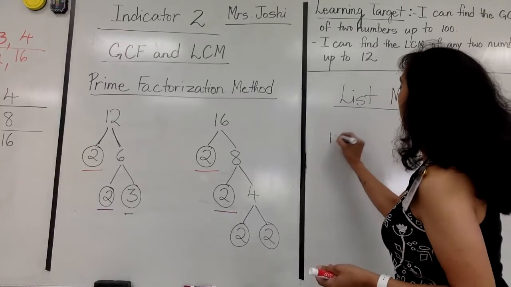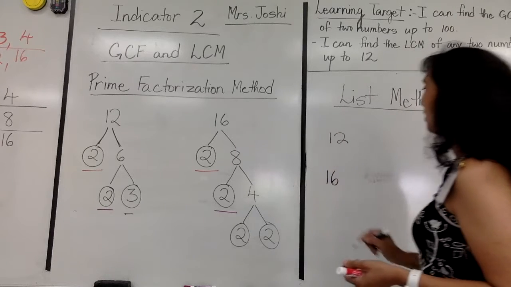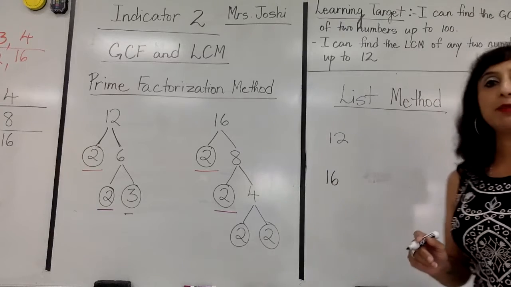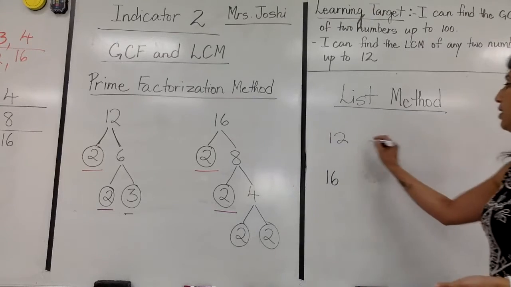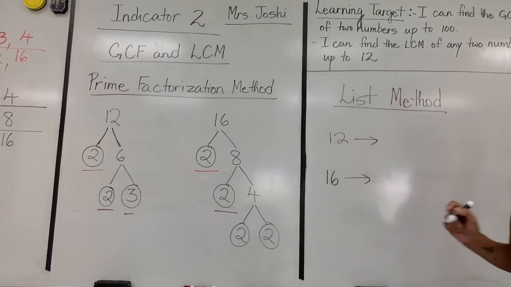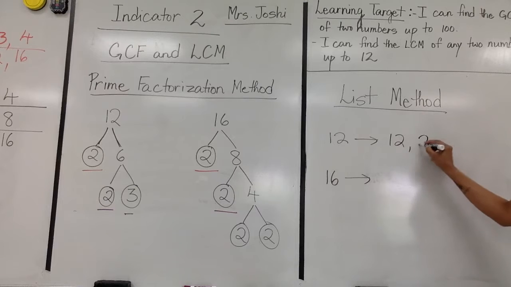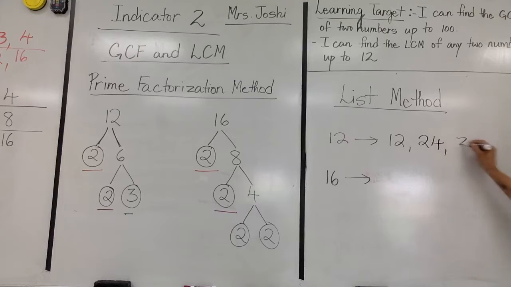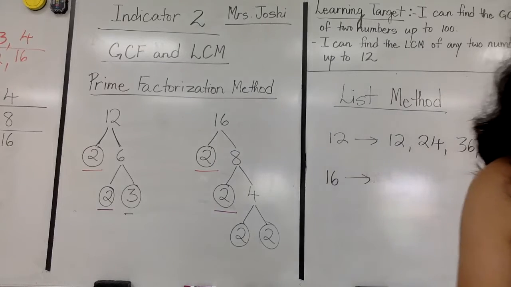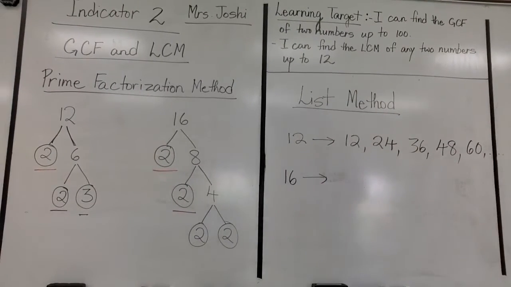So if I take 12 and 16, we are going to see the multiples of 12. 12 times 1 is 12, 12 times 2 is 24, 12 times 3 is 36, 12 times 4 is 48, 12 times 5 is 60, and so on.